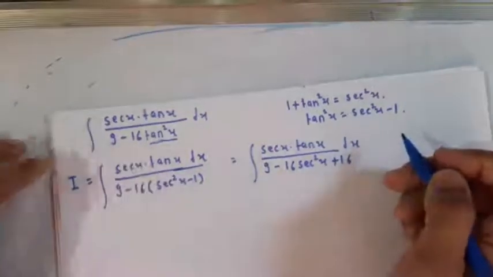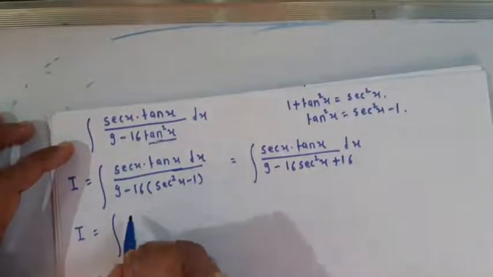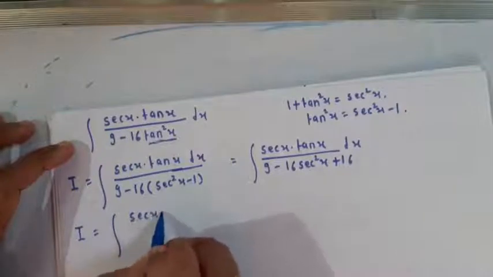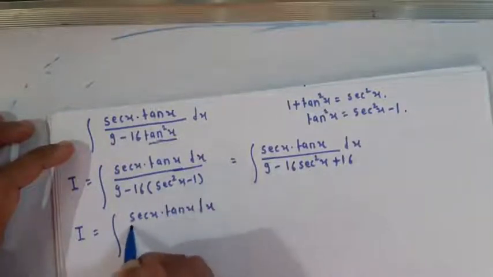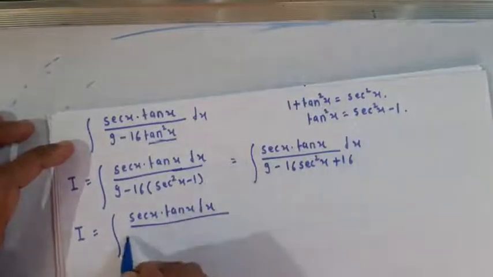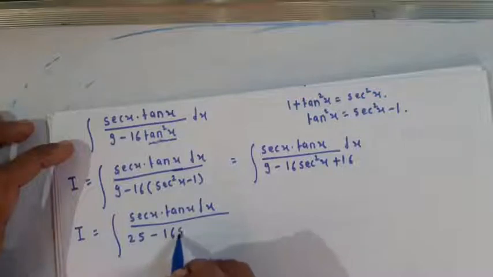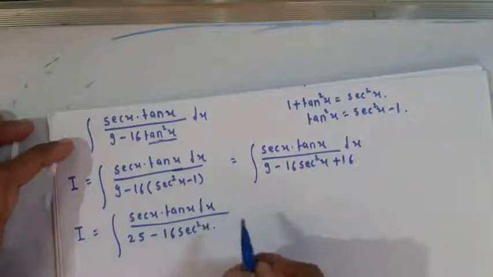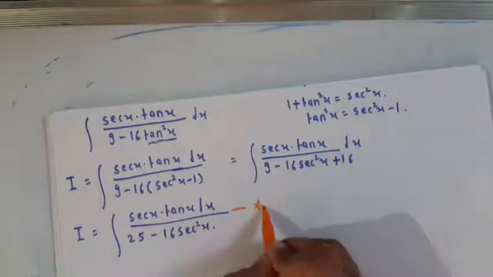Hence the integration I equal to sec x into tan x with respect to x upon 9 plus 16, that is 25 minus 16 sec square x. Okay students, and now we can simplify the problem by substitution.